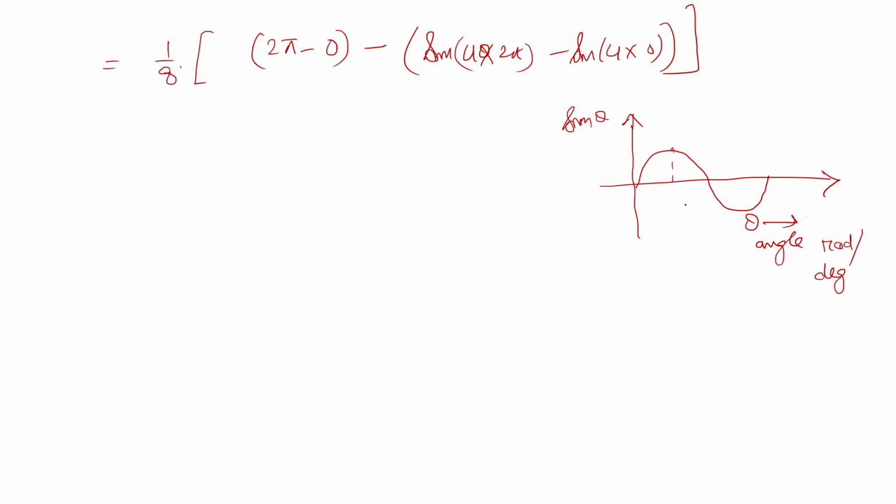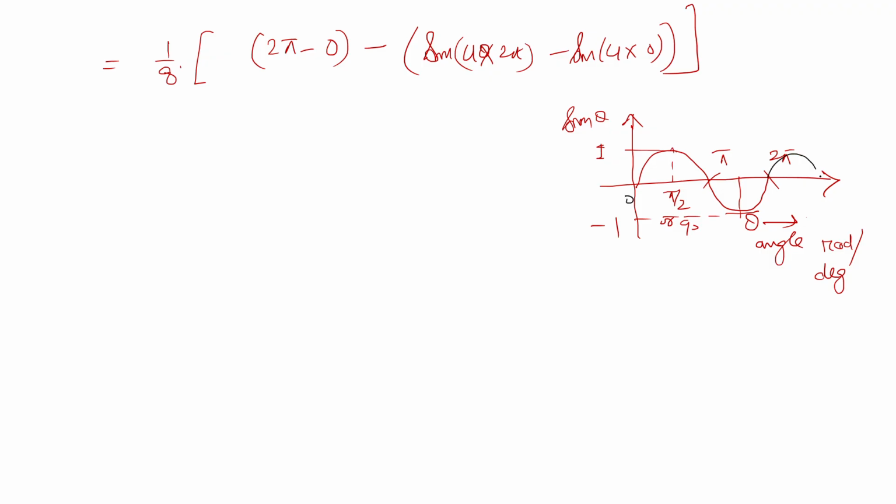So this will be pi by 2 or 90 degrees. This is pi and this is 2 pi. So this is plus minus 1. So this is varying from 0 to 2 pi.